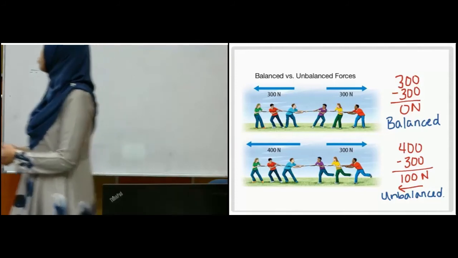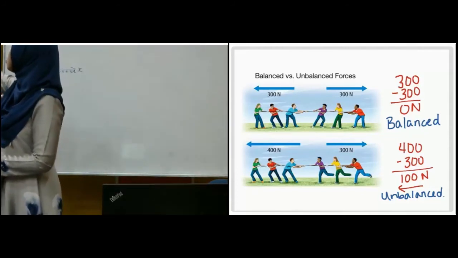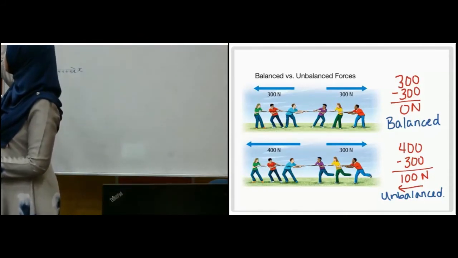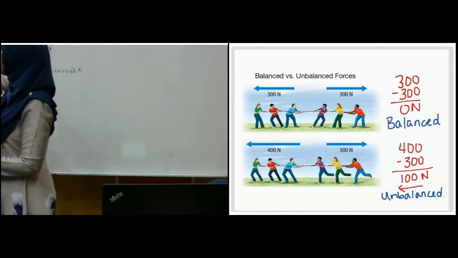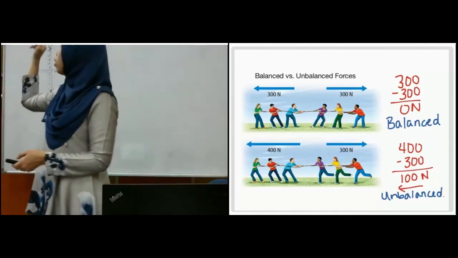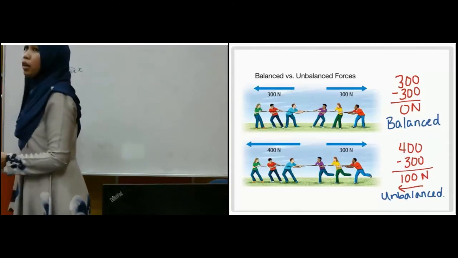For the first diagram, 300 Newton, 300 Newton. The direction is negative 300. Actually, we have to add together because right here is negative, so you have to put negative.